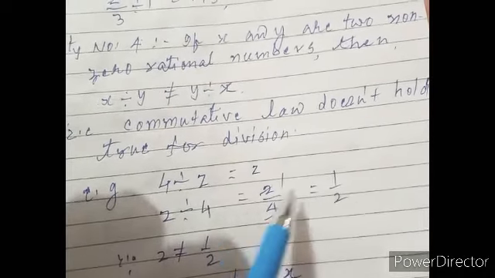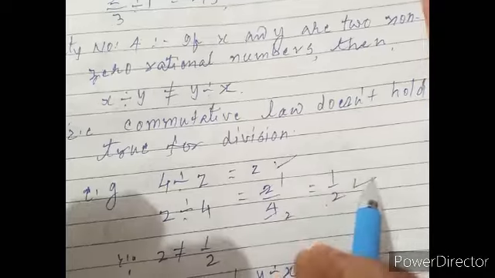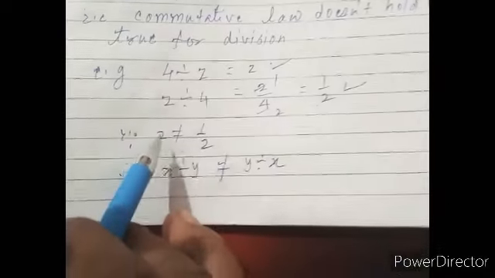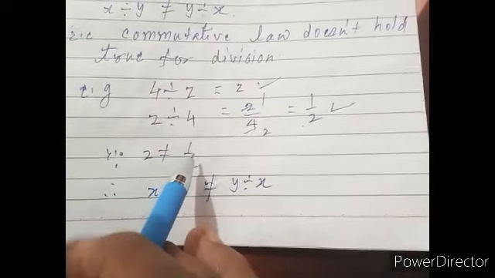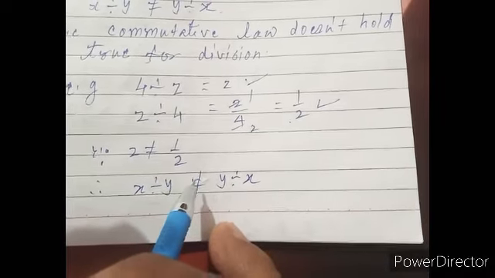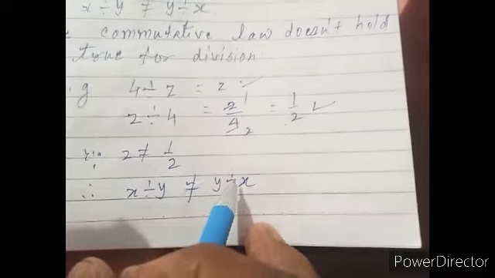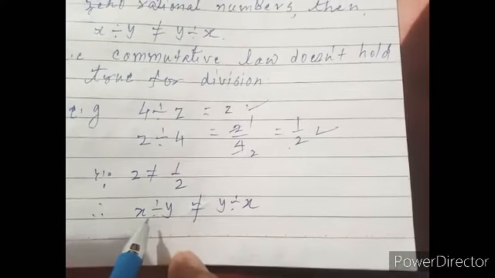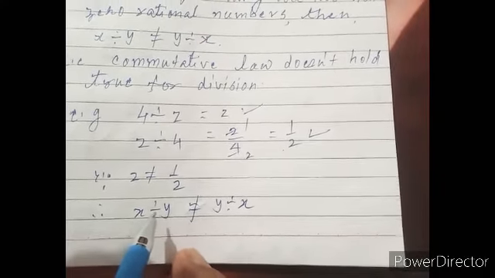So 2 is not equal to 1 by 2. That is, x divided by y is not equal to y divided by x. So here the commutative law doesn't hold true in the case of division of rational numbers.